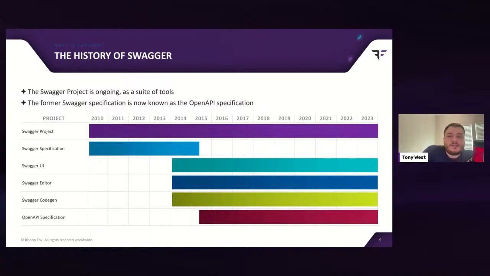The main difference is that in 2015, the Swagger specification was donated to the Linux Foundation, and they later renamed that specification to the OpenAPI specification. So the OpenAPI specification is what's still in development to this day. The Swagger specification is no longer the namesake, but tools like Swagger UI, Swagger Editor, and Swagger Codegen still exist under the Swagger project and keep the Swagger name.